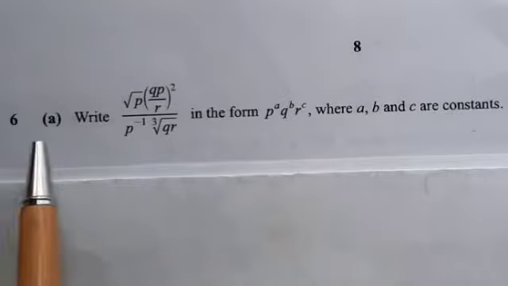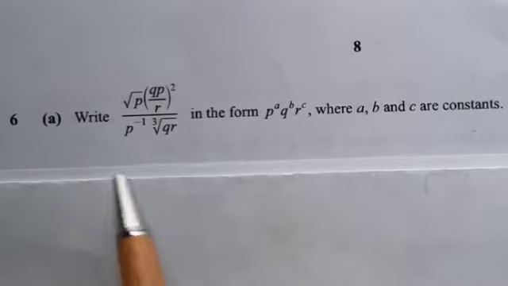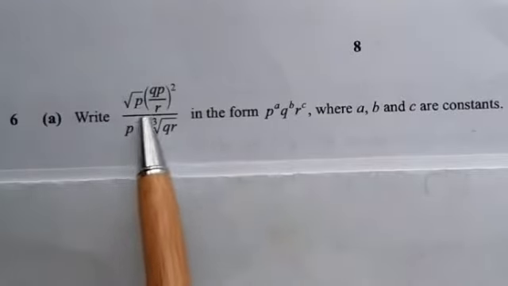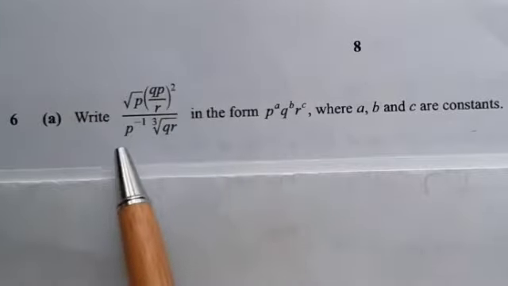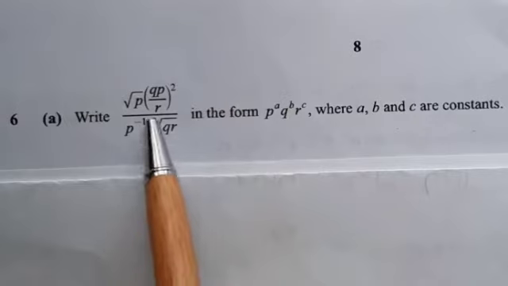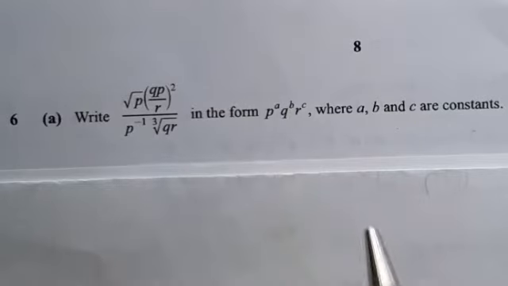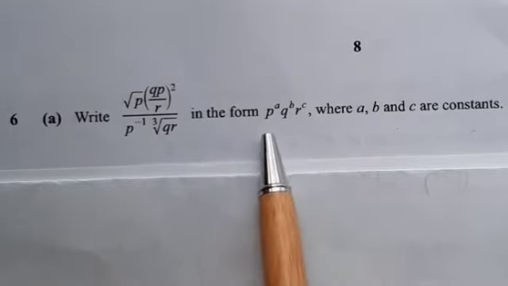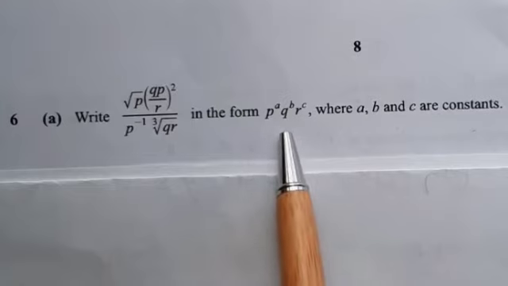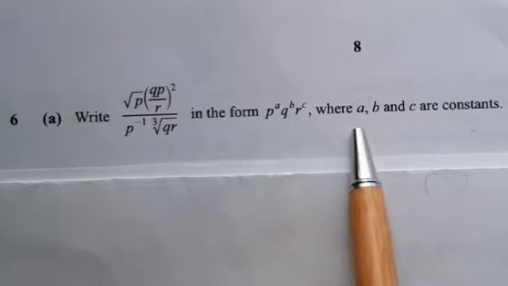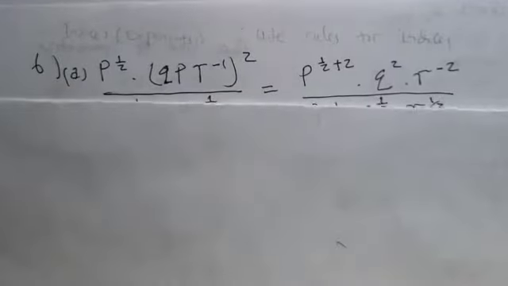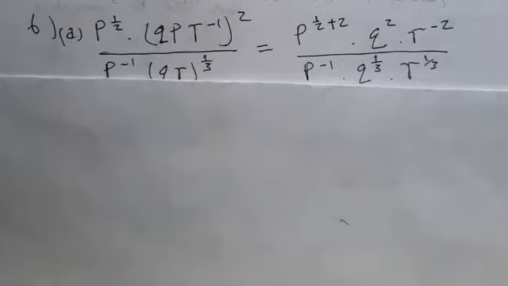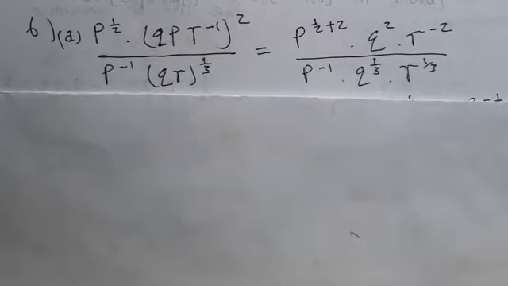Now question number 6. Write square root of p times qp over r squared, divided by p power minus 1 times cube root of q times r, in the form p power a, q power b, r power c, where a, b, and c are constants. This is a question about indices, or exponents.